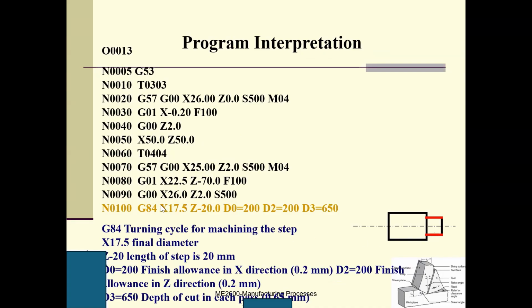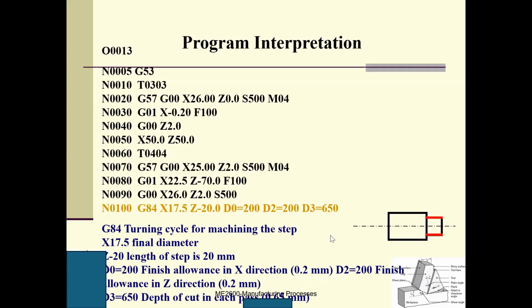So you can see, okay? Here I have G84, but I do not have G00, G01, or G02. It means that G00 is still valid, right? Z, go to Z collision. The length of the step is 20, and D0 equals 200, and the finish allowance in the X direction equals 0.2 millimeter.